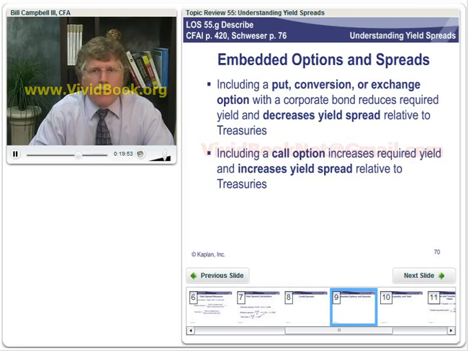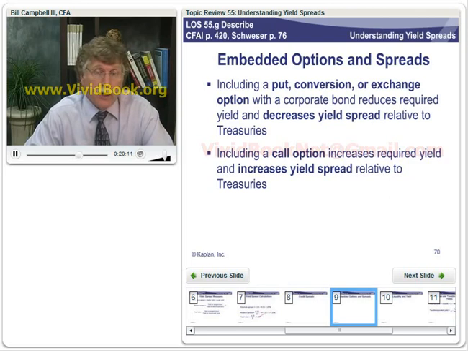If you have a bond with a put option, the put option is owned by the bondholder. The bondholder has to pay for that option. They get something of value, they have to pay for it. The way that they pay for it, one of two ways. They either pay a higher price for the bond, or they accept a lower interest rate, a lower coupon rate for the bond.